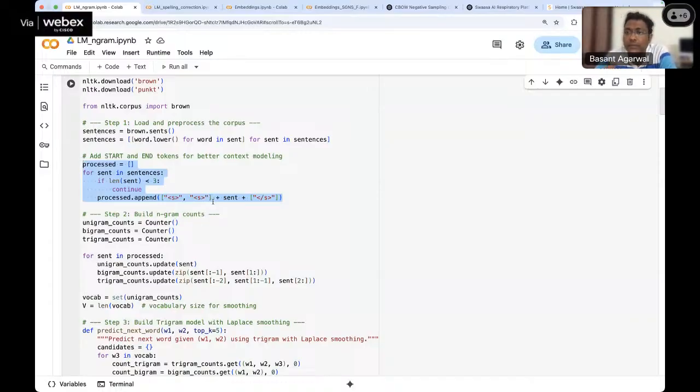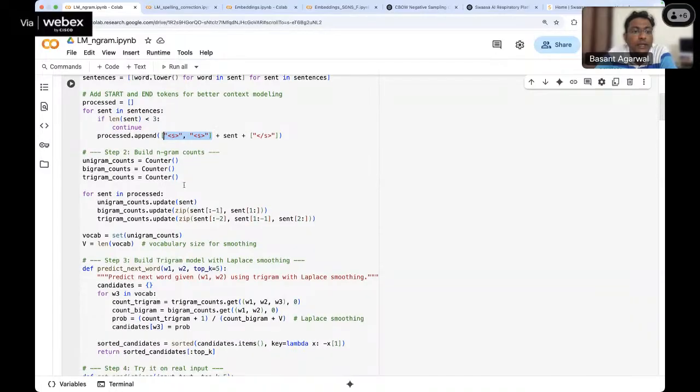So for example, if we start with the first sentence, for the first word the two previous words will be two start tokens. That is why we start with two start tokens. If you want to predict the first word, because there is no context, we give the model the idea that this is the first word by using two start tokens here, and an end token at the end.